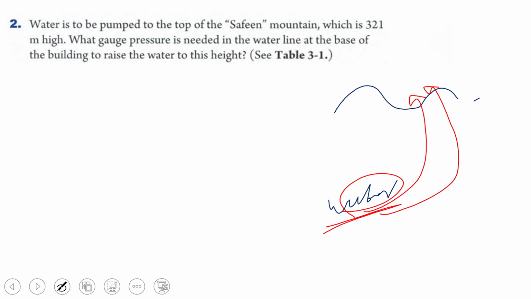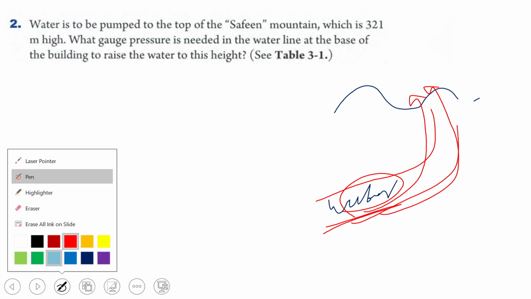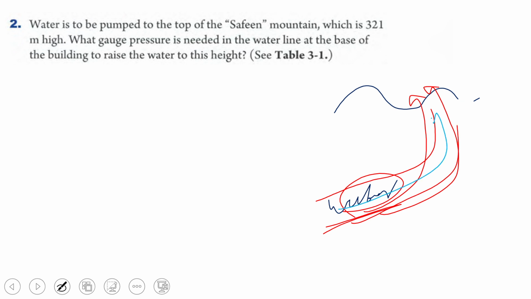We have a device, we can take this water and move it up. So inside this device, when the water goes up the mountain, there is no air. Only the water can move to the top of the mountains. During transferring the water to the mountain, only water is inside this device, because only water can move.